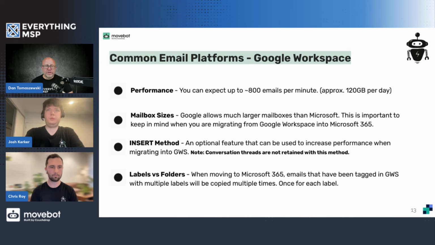So it's going to put that into 3 different folders if there are 3 different labels. You'll have 3 copies of that email in the destination, one in each of the locations it was tagged with. If you're particularly heavy with label use and use multiple labels, your users may notice that in the destination.